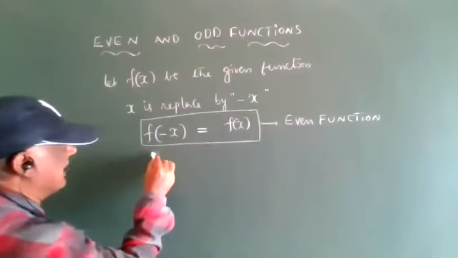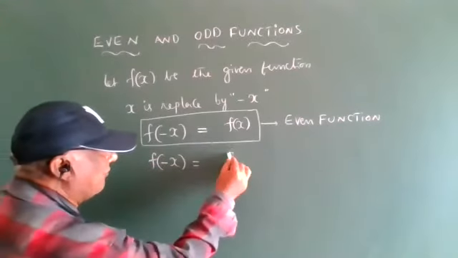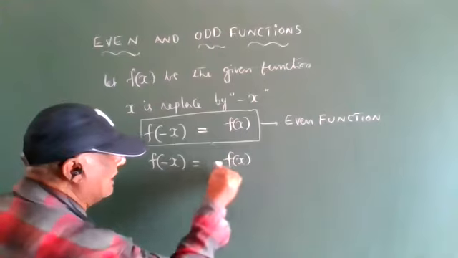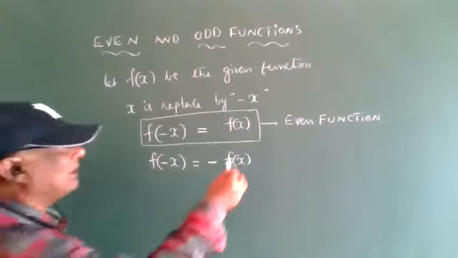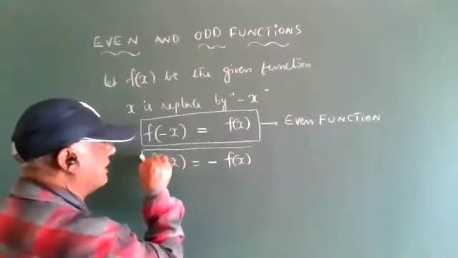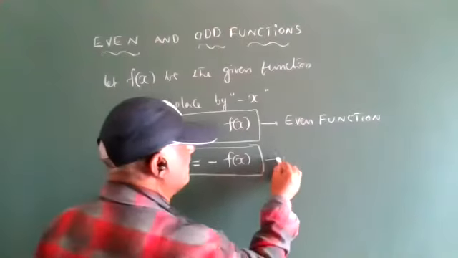If x is replaced with minus x and the total value of f of x is negative, then this function is called an odd function.